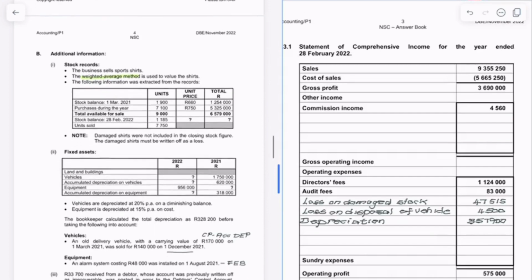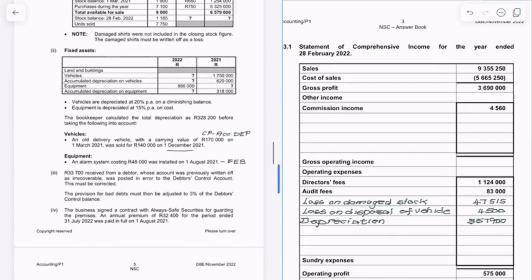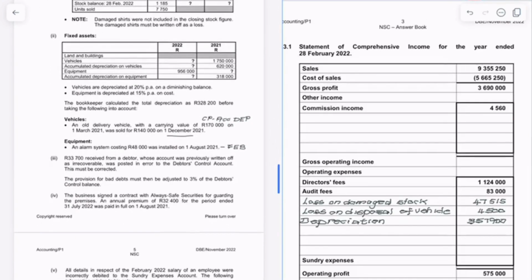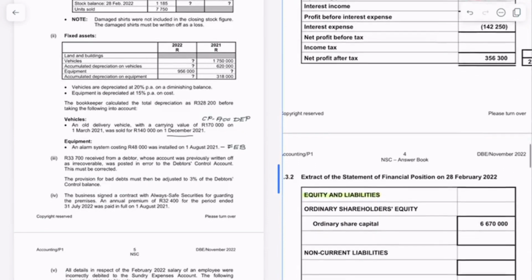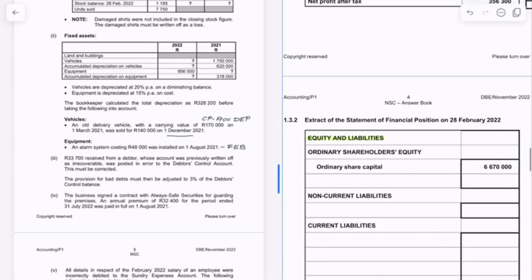Now we can start looking at these other adjustments. And while we're doing the other adjustments, remember that we've also got this extract from the statement of financial position, and it's mostly going to impact on these current liabilities over here. Let's go to our list of balances and let's see what figures we can already start putting into our non-current and current liabilities.